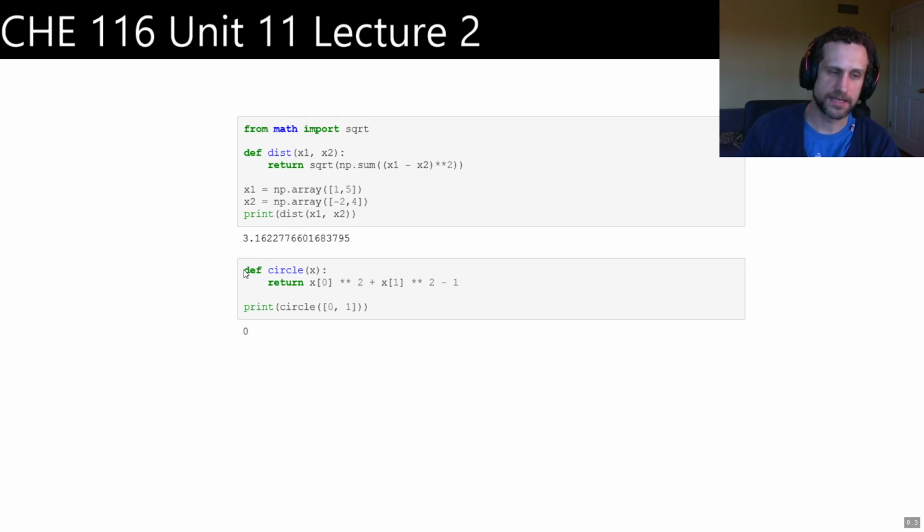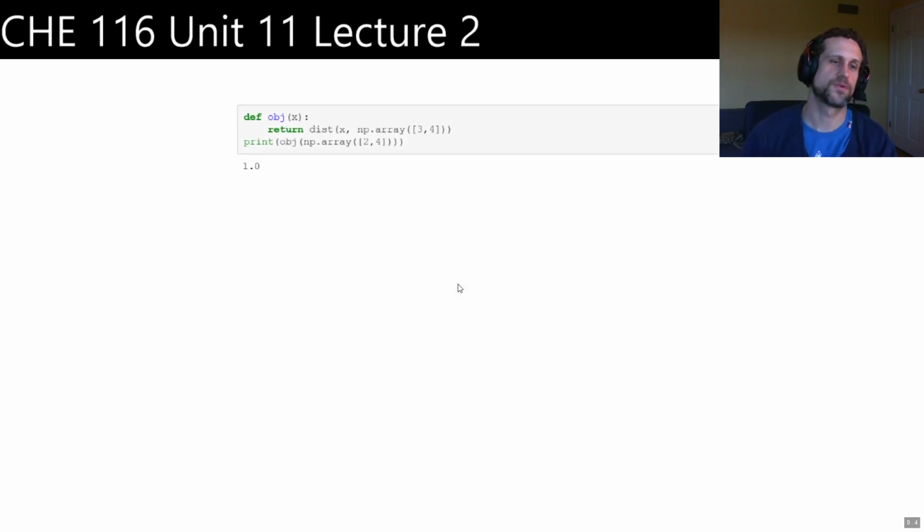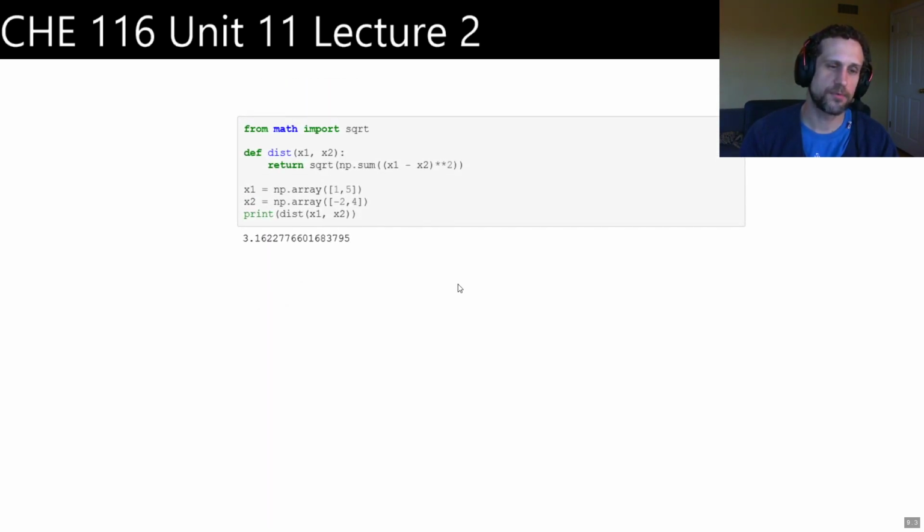Then I define my constraint equation. So my constraint equation is that you lie on this circle. So it's x squared plus y squared minus 1. Now the way we set up all constraints for constraint minimization is that the equations all equal 0.